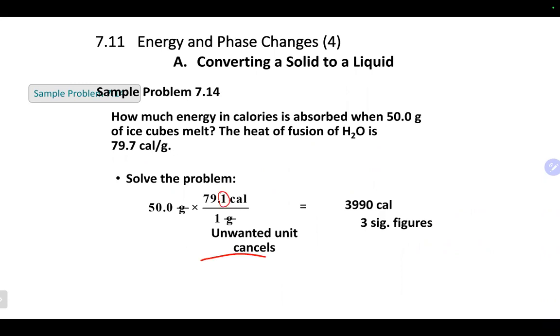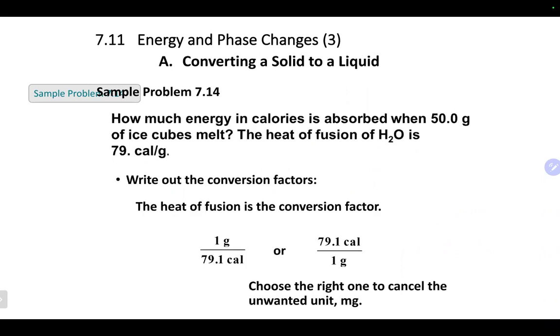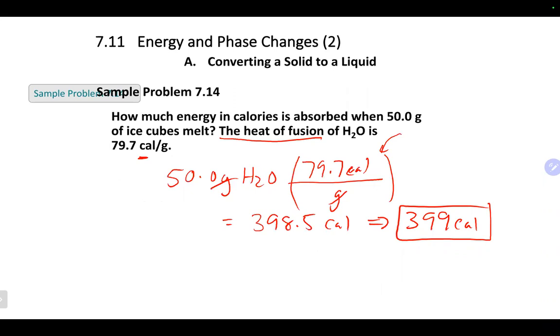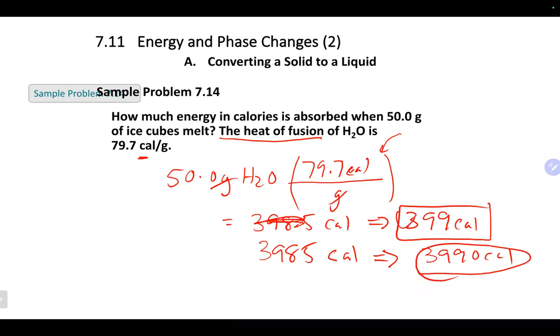All right, try that again. 50 times 79.7. I guess it is 3985. The decimal moved over. Sorry about that. I must have forgotten to put the 0 there. So that would round to 3990 calories. That would be good. Also good to punch it into the calculator correctly. I think that probably helps a little along the way.